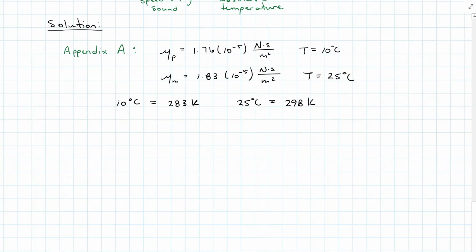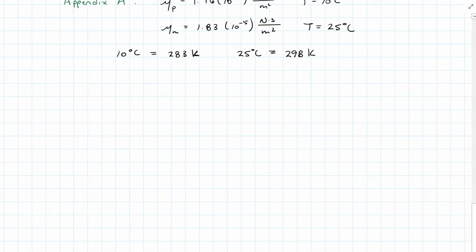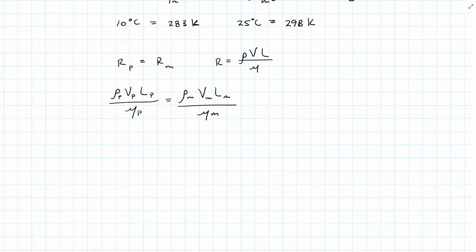Now I wanted that viscosity because if we go to Reynolds number, what we're looking at is having the Reynolds number of the prototype equal the Reynolds number of the model. And the equation for Reynolds number is rho v L over mu. The problem statement is asking for the density of the model.